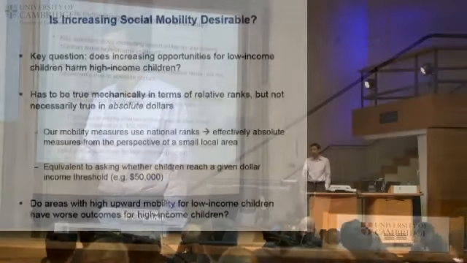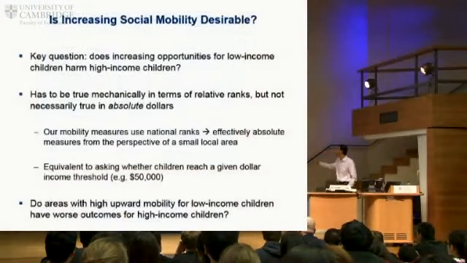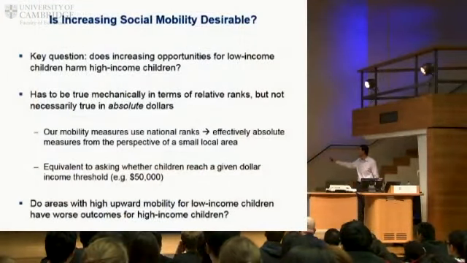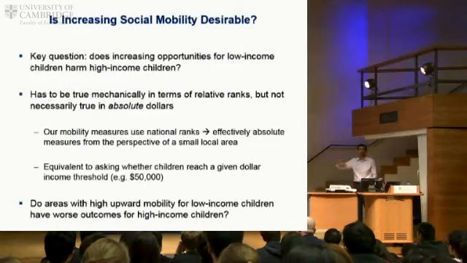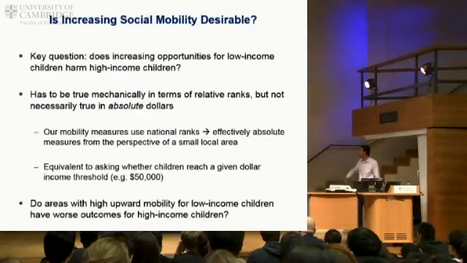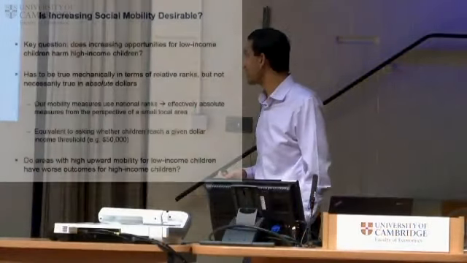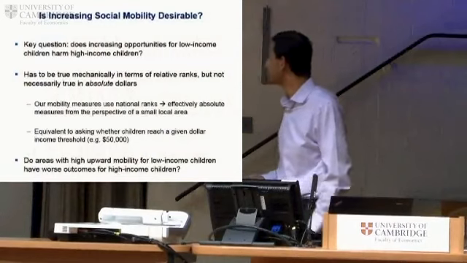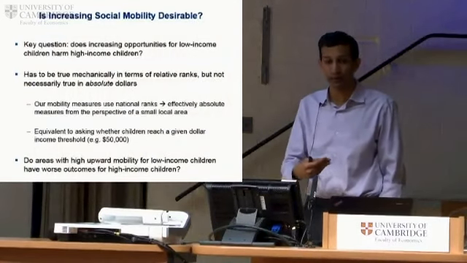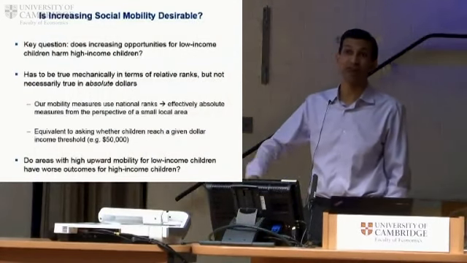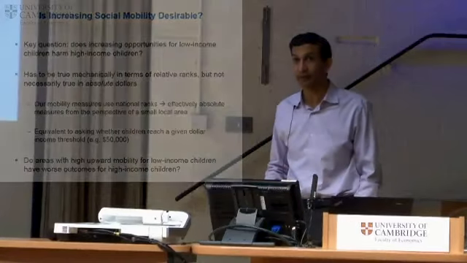Because within the city of Boston, if I'm doing better in national terms, that's not going to affect anybody else within my small area necessarily. And so it's essentially like asking, what's the probability of crossing some fixed dollar threshold? And so one thing you can do with the data that we were looking at previously is basically ask whether areas with higher upward mobility for low-income children also have worse outcomes for high-income children, or do the high-income children not seem to be affected?